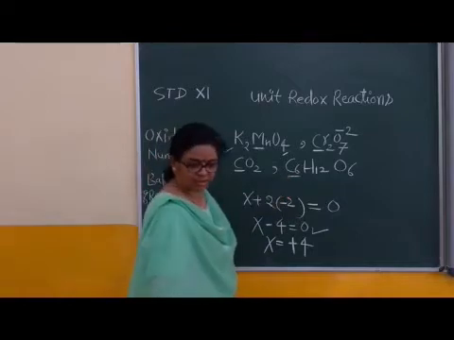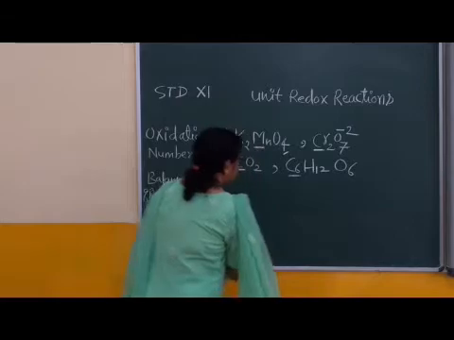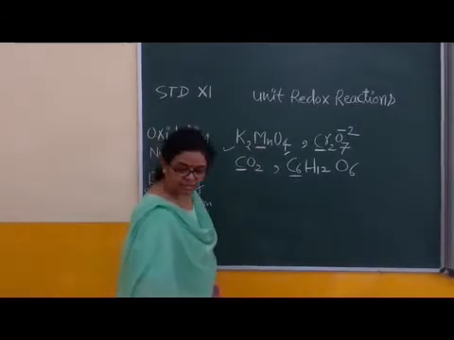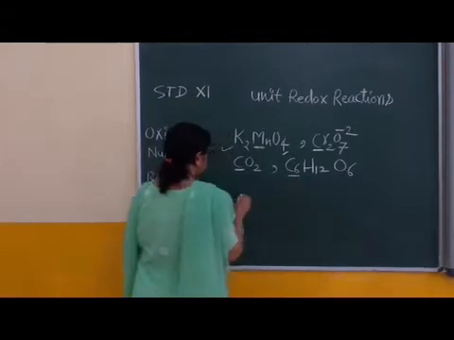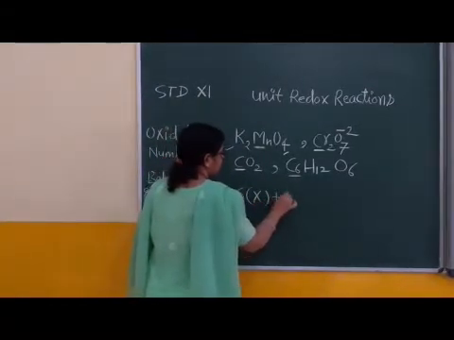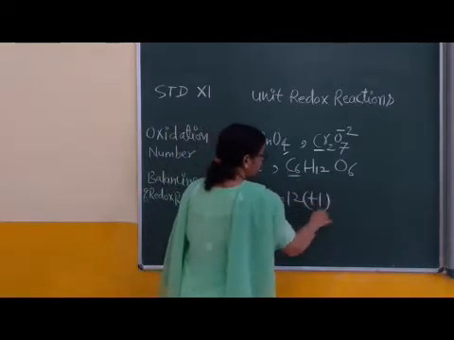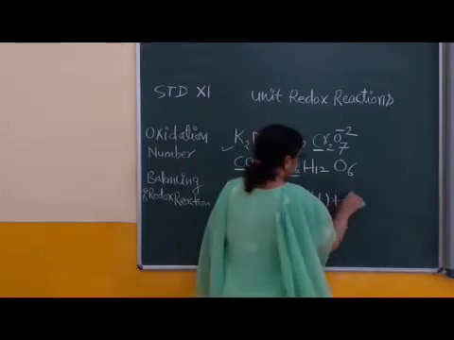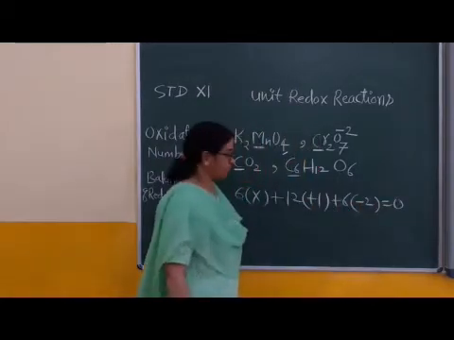Last is glucose. In glucose the underlying element is carbon. There are 6 carbon atoms, plus 12 hydrogen, charge of a single hydrogen is +1, plus 6 oxygen, charge -2, is equal to 0.